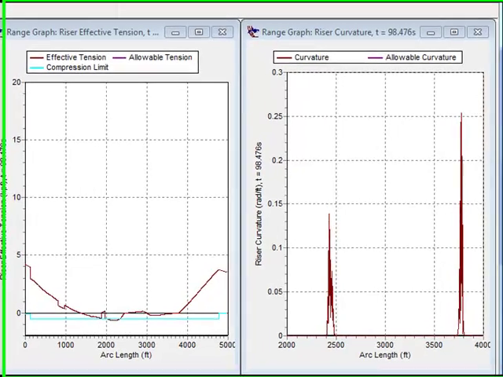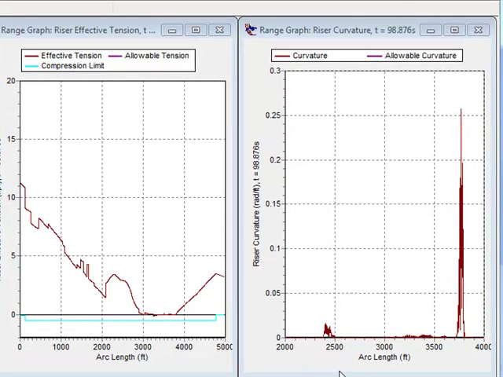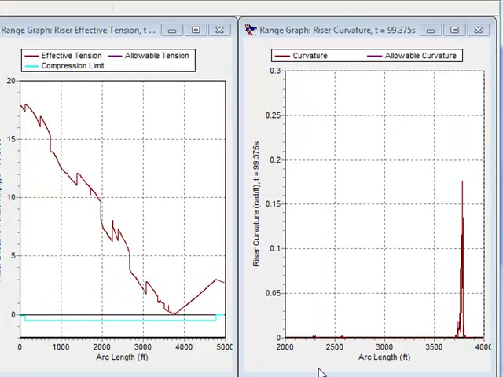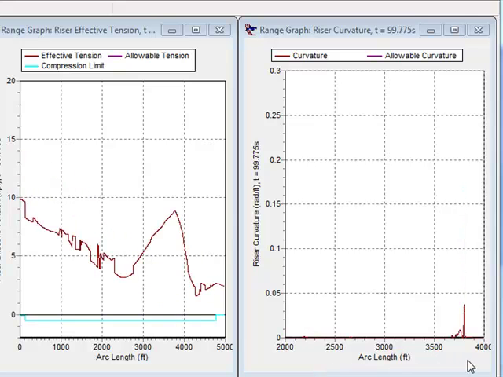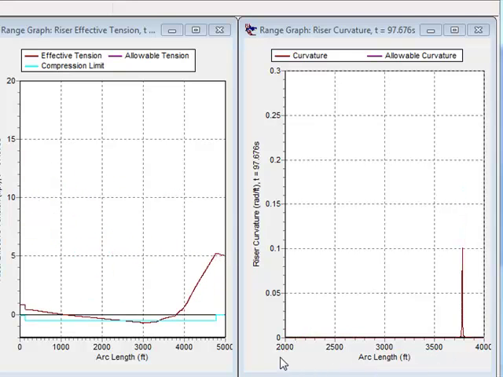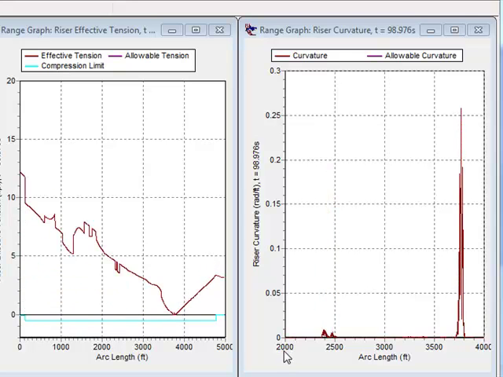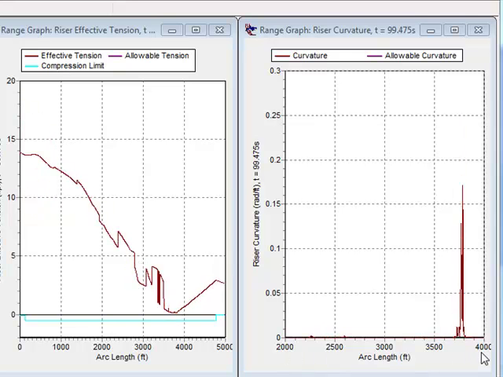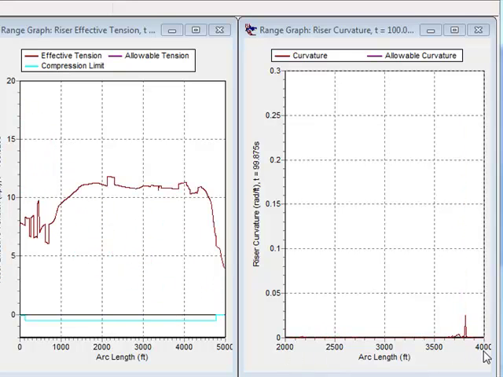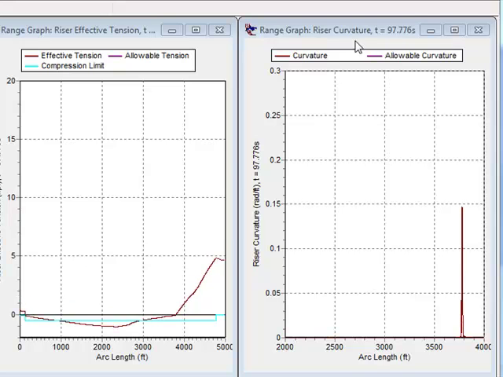We're still in the same simulation, and we're looking at this 2.5 seconds of replay. In this graph, which shows the arc length from 2,000 feet from the buoy to 4,000 feet from the buoy, we're looking at curvature.